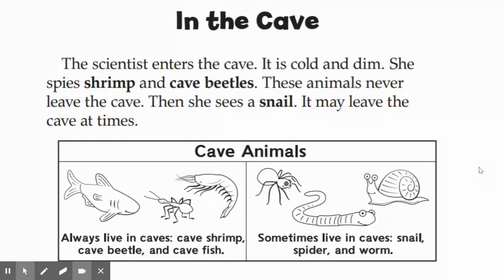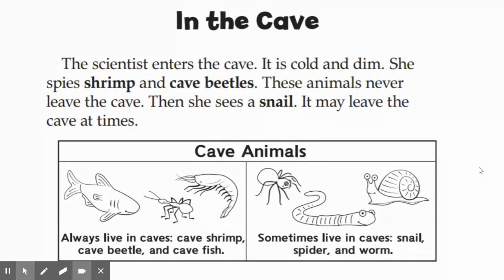And I see a chart, which is a text feature. The chart is labeled Cave Animals. And I see there are 2 columns to this chart. The first column says, always live in caves. Cave shrimp, cave beetle, and cave fish.